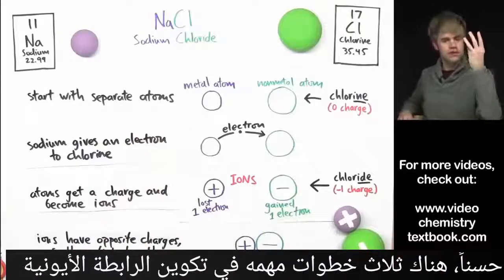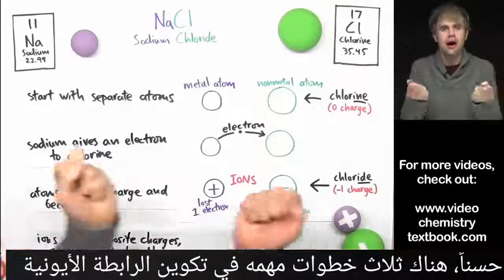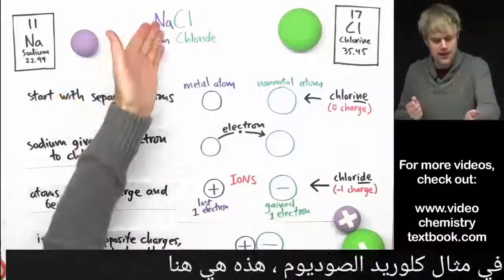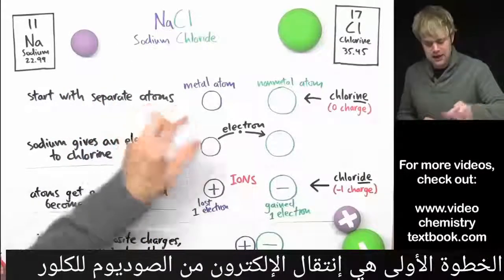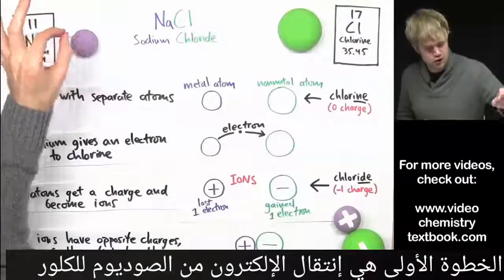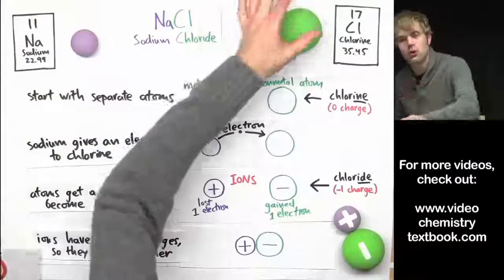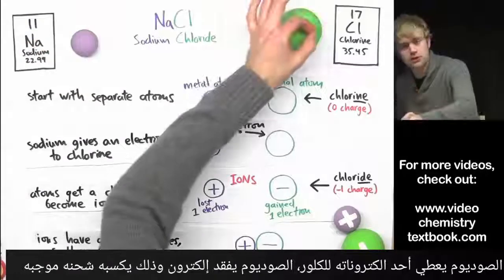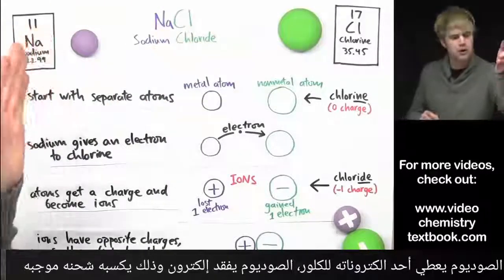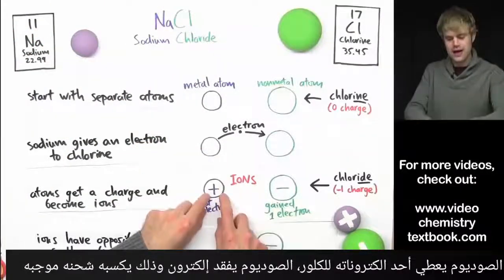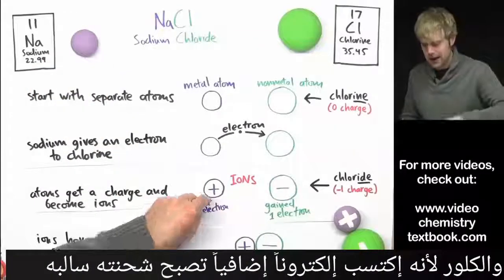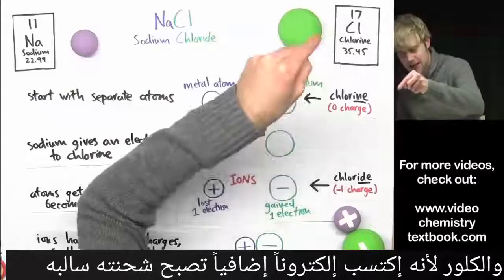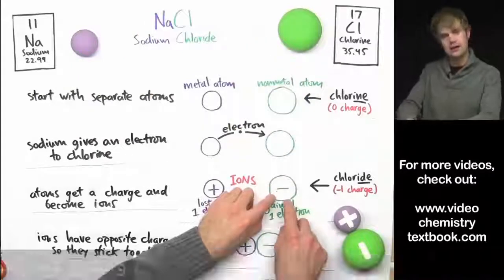Okay, so there are really 3 important steps in an ionic bond forming. For the example of sodium chloride, here's what they are. The first step is an electron transfers from sodium to chlorine. Sodium gives one of its electrons to chlorine. Sodium loses an electron, so that gives it a positive charge. This becomes positive. And chlorine, because it has gotten an extra electron, gets a negative charge.